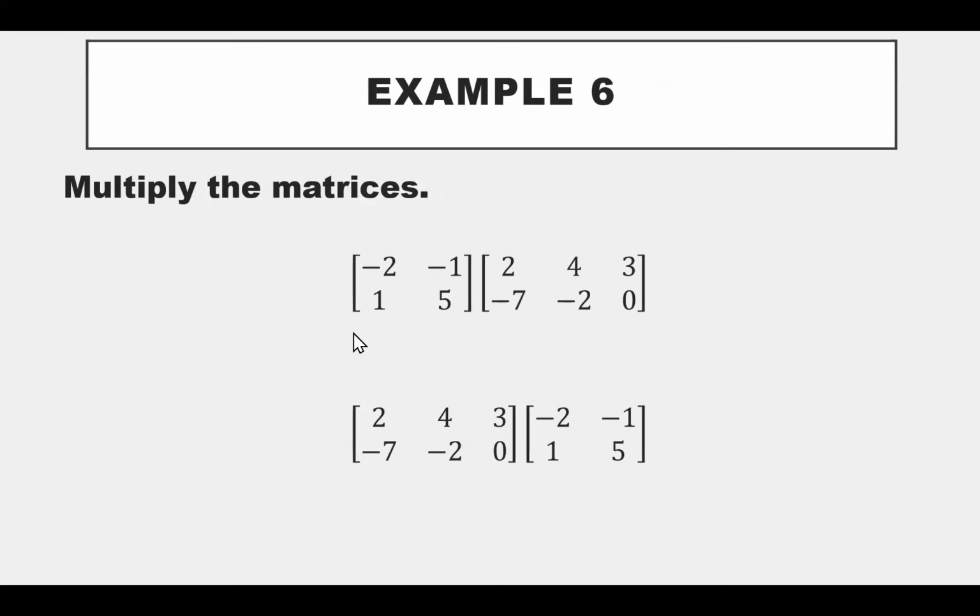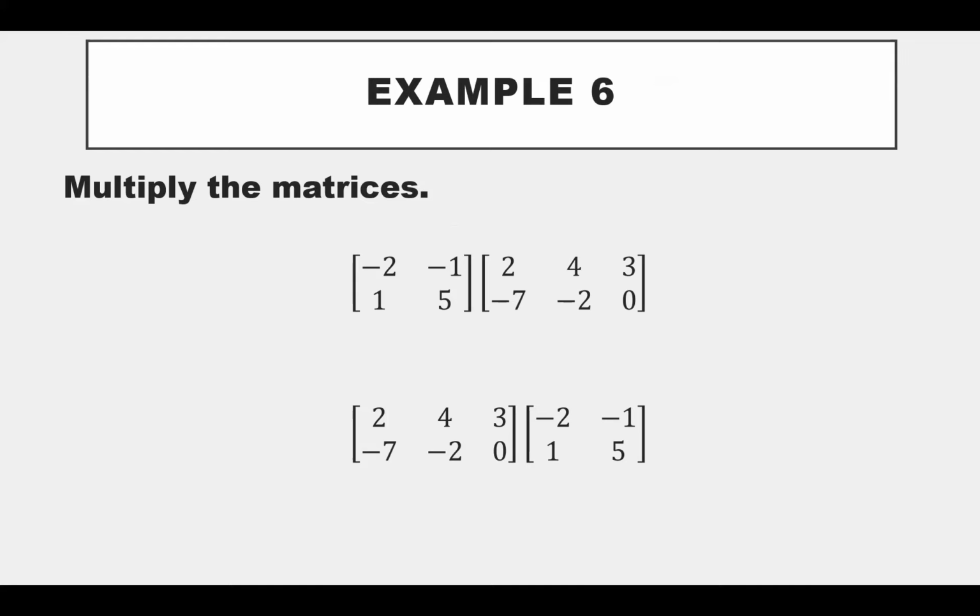Now let's take a look at dimensions. In the first example, all of our matrices were 2 by 2. So let's do another example where we try to multiply matrices, but this time they are different dimensions.